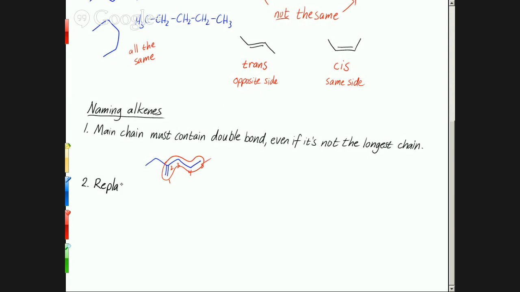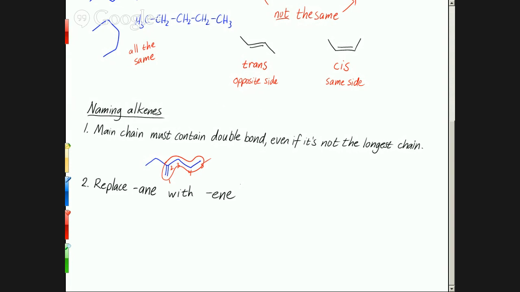Secondly, we have to change the end of the name a little bit. Instead of something ending in -ane, it's going to end in -ene. So alkane, alkene, the name ends in -ene instead of -ane.